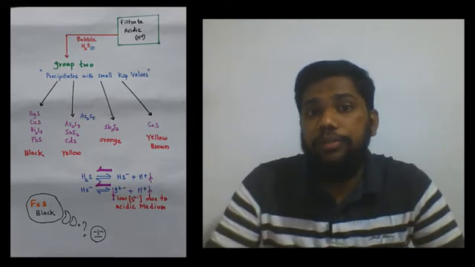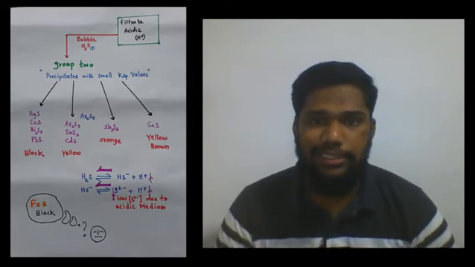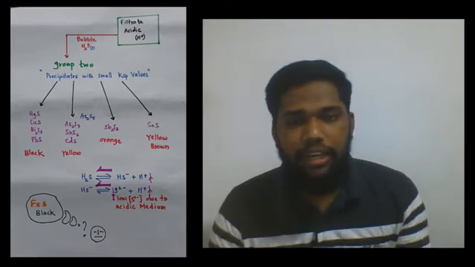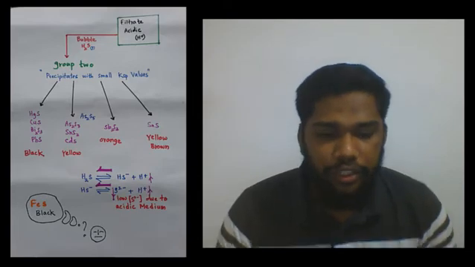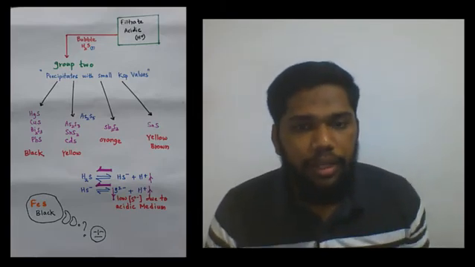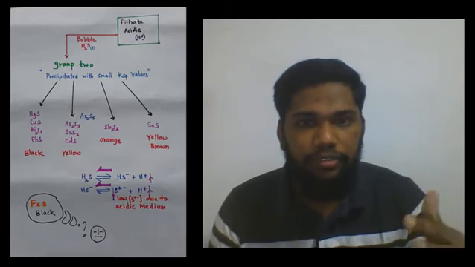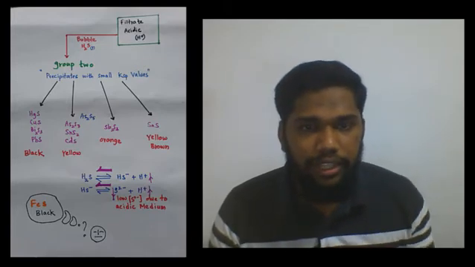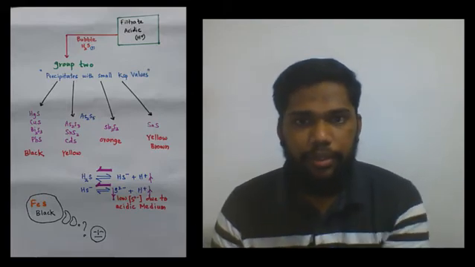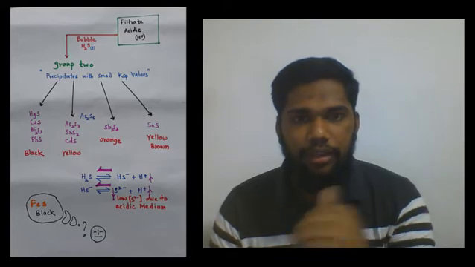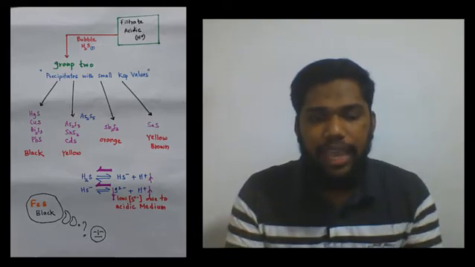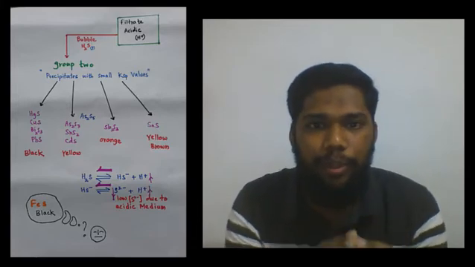If I want to explain this further, let's take a small bus. From the front door people are coming in and from the back door people are going out. Initially the bus does not have anything, so a lot of people come in. This is like the forward reaction, right? Then there will be a few people in the bus, and from the back door a few people come out. This is like the backward reaction, right? But the bus can have a maximum of about 54 people.